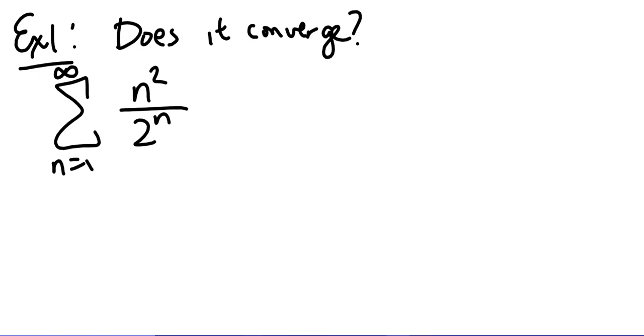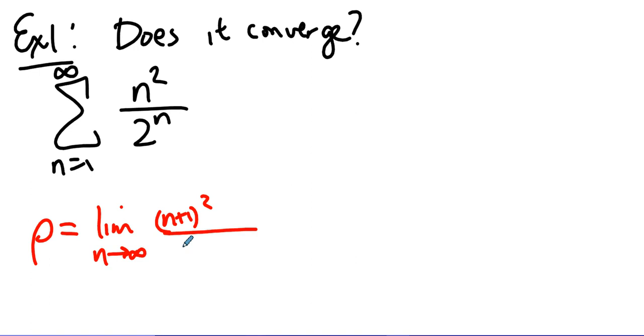That's great because it means that there's a chance that this converges. So does this converge? Well, we'll use the ratio test. Rho is the limit as n approaches infinity of the n plus 1th term divided by the nth term. Well, the n plus 1th term and the nth term are both fractions, so we'll do the multiply by a reciprocal thing. The n plus 1th term looks like this, and the nth term looks like that.